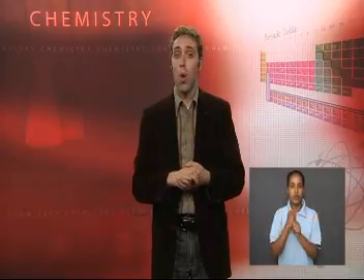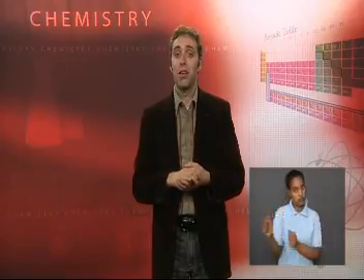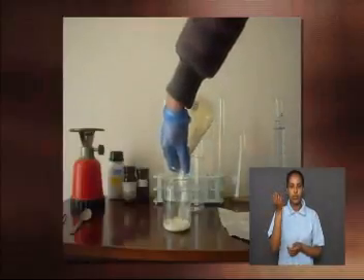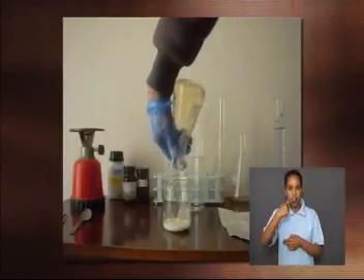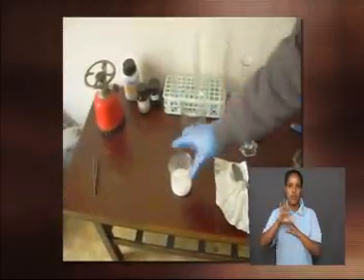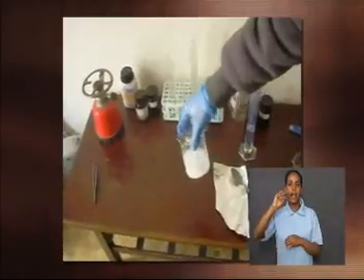Students, now that we have worked through one question together, you are ready to try one on your own. 12.3 grams of sodium chloride is dissolved in 500 milliliters of solution.